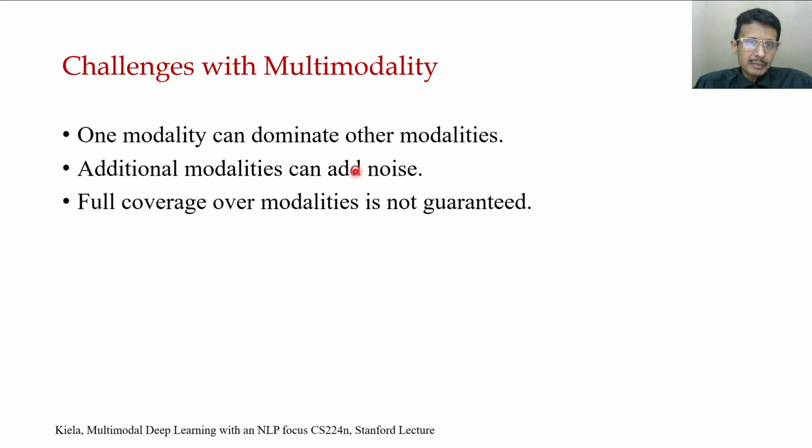Another possibility is that if the modalities are not well synchronized, the additional modalities can add noise. So additional modalities can be treated as noise, and sometimes full coverage over the modalities is not guaranteed in this model. So these are the challenges we have to keep in mind when designing our multimodal deep learning models.